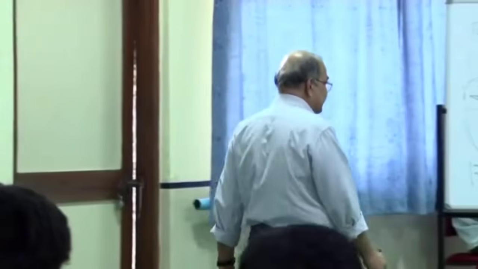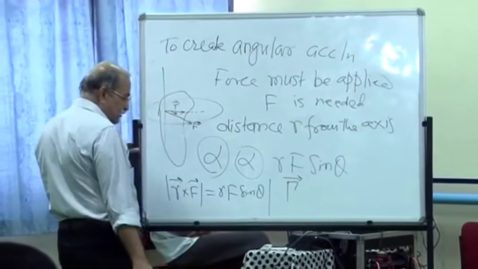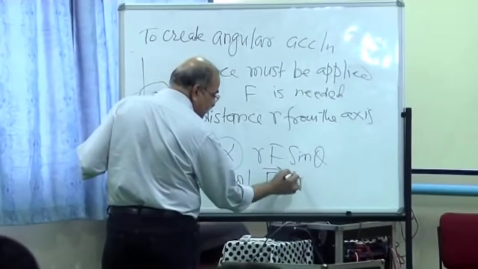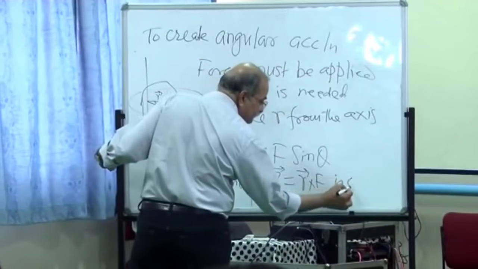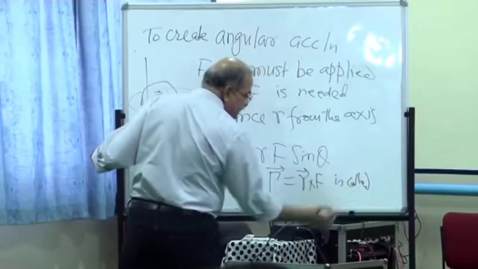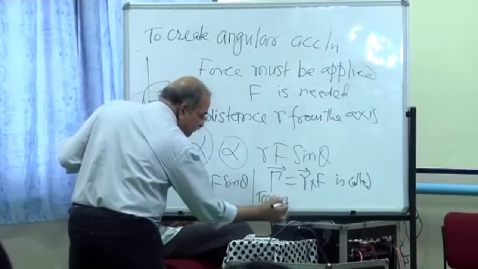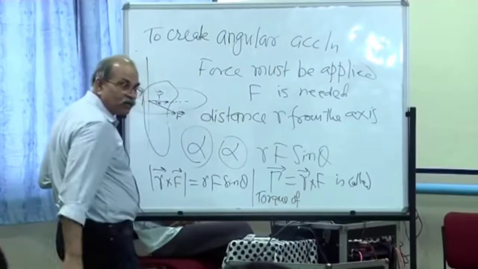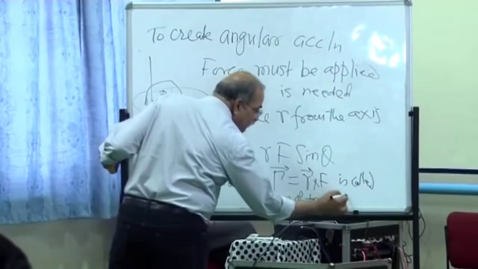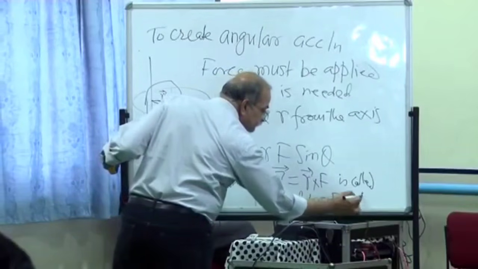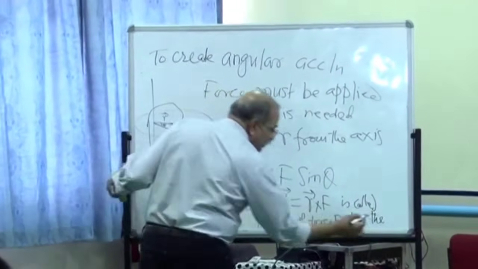So this quantity, we write it as gamma equal to r cross F, is called, what is it called? Torque of force F about the origin, in fact.